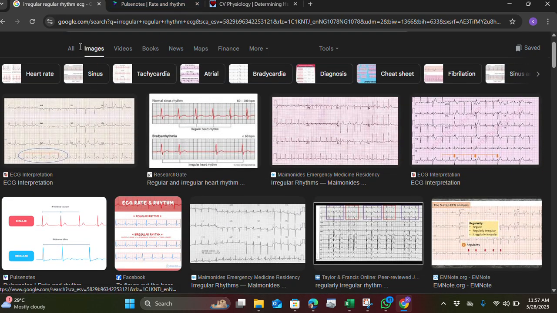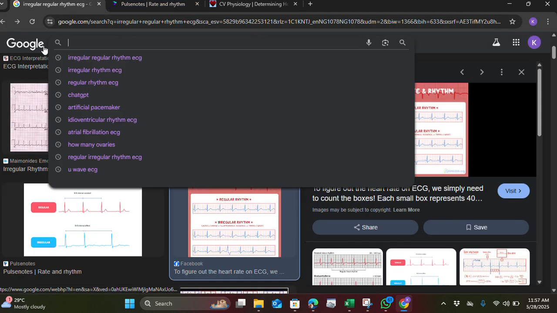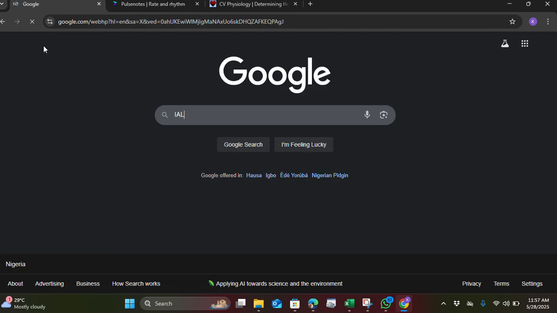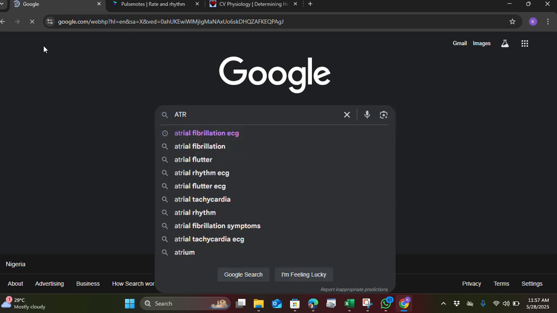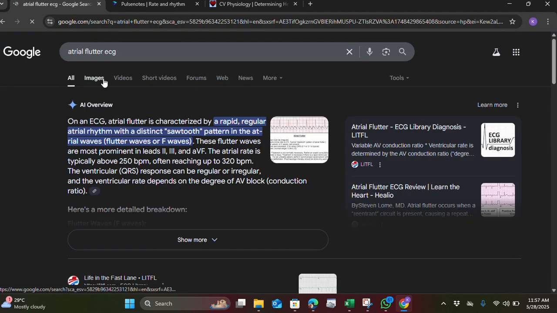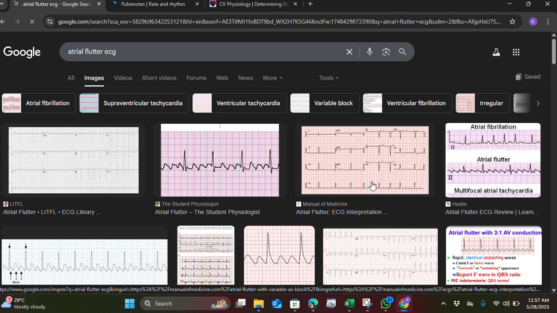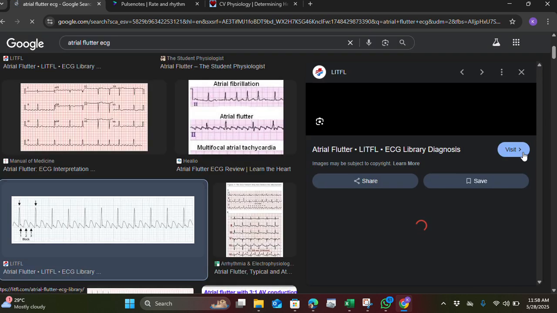Let me check for this thing. Atrial fibrillation. This is actually an example of a regular irregular rhythm. Something like this. Let's check this one.